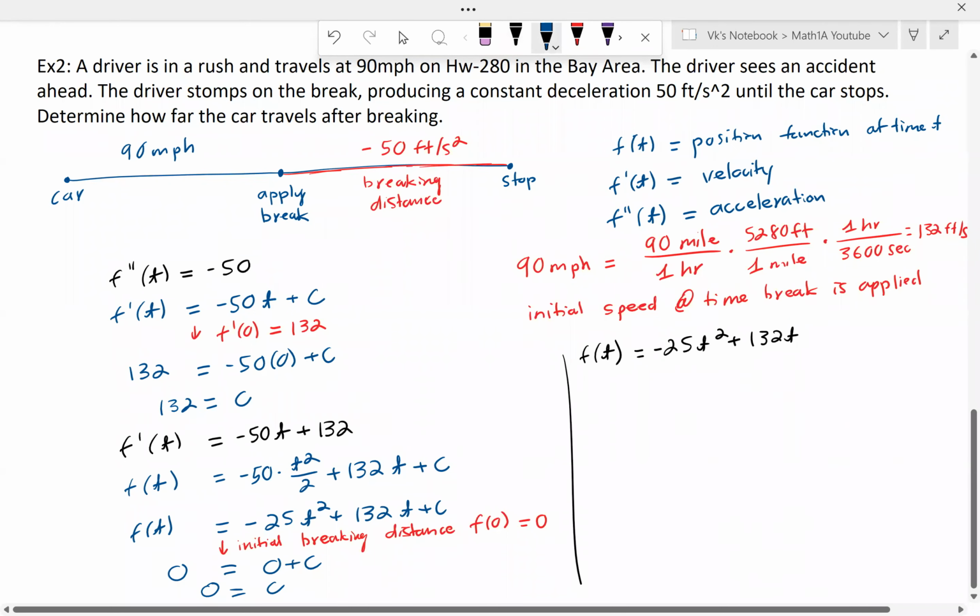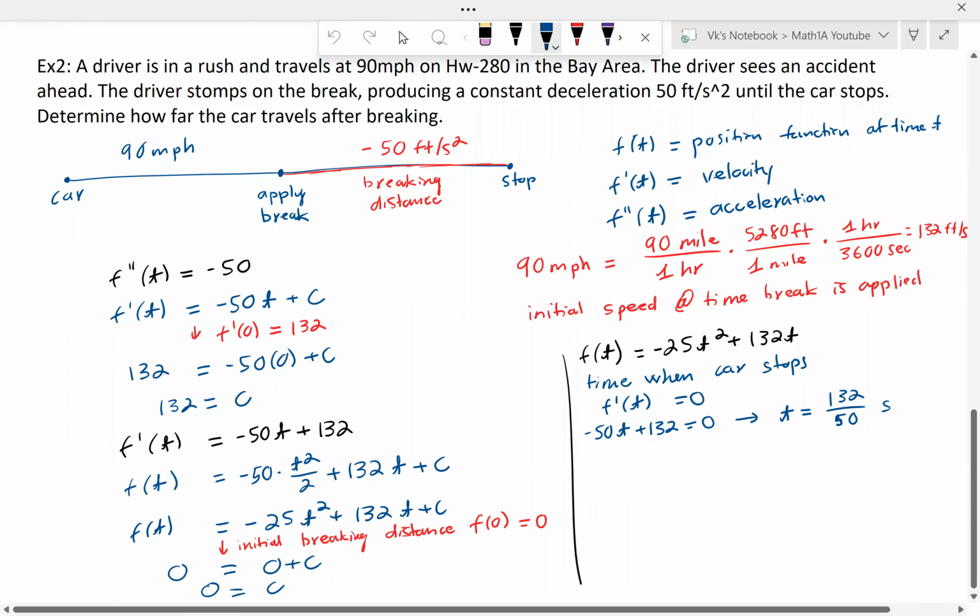Time when the car stops: that is when the velocity f prime t equals 0, negative 50 t plus 132 equals 0. So that tells us t is 132 over 50 seconds.